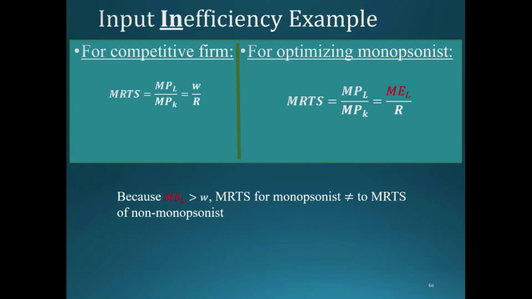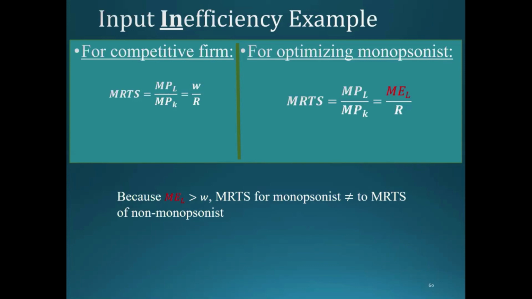But for a monopsonist, the amount of labor that they hire is going to determine the wage that they pay. And for reasons that we described earlier, the marginal amount they're paying for an additional unit of labor is not equal to the wage that they're paying that additional worker. It's equal to the marginal expenditure, which for a monopsonist is different than the wage that they're paying that last worker.